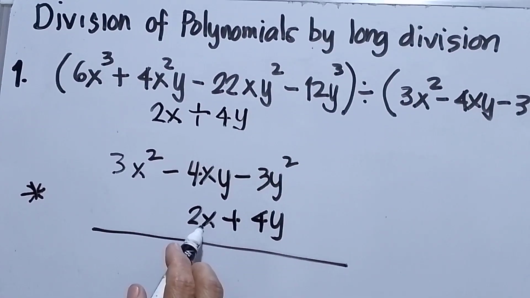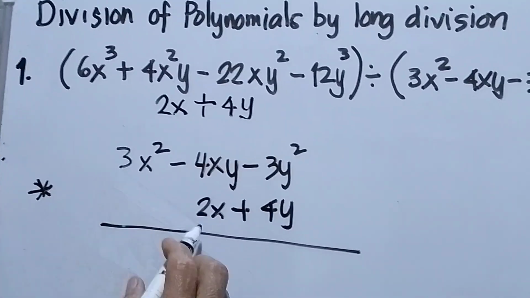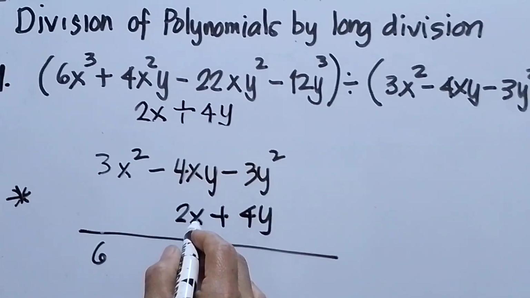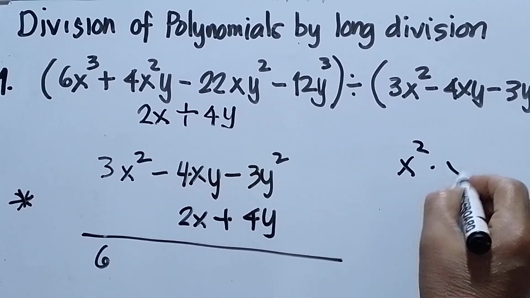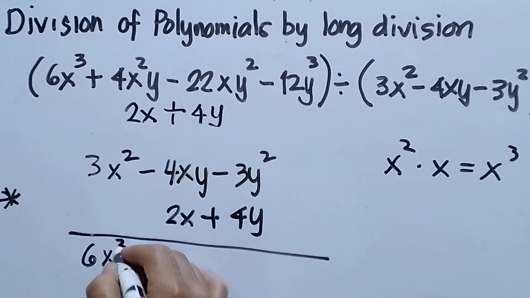This one, 2x times 3x squared. 2 times 3 is 6. We know that x squared times x equals x cubed.